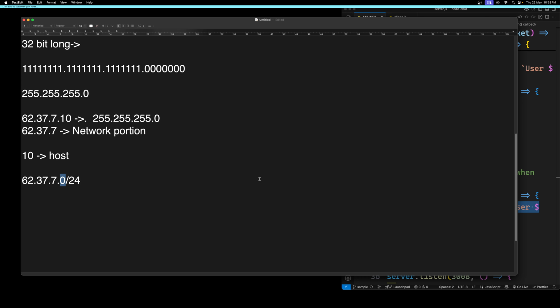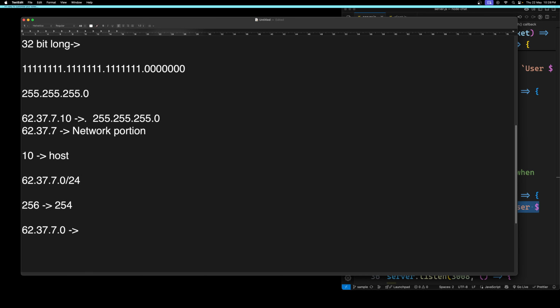How many hosts can a network support? With a 24-bit subnet mask, the last 8 bits are for the host. Since 0 to 255 gives 256 values, only 254 can be connected, because 2 are reserved. 62.37.7.0 is reserved and represents the network itself.